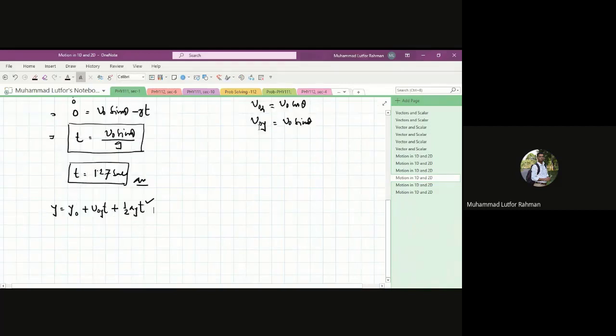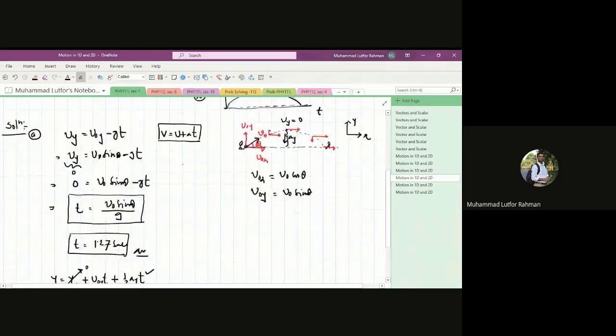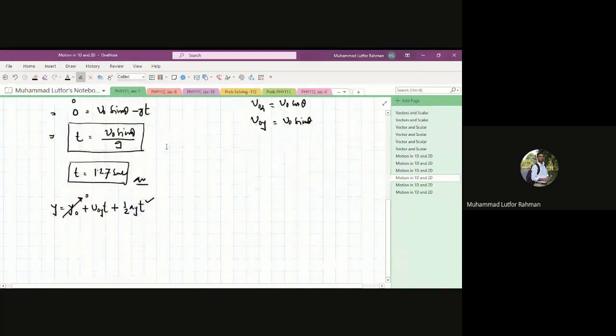In that case, this y naught would be 0 if I choose this as my origin. You will find some x distance, but the y would be 0 over there. So that's why I write y naught equal to 0.